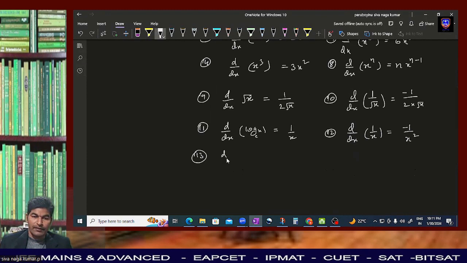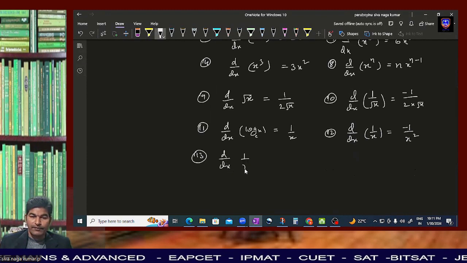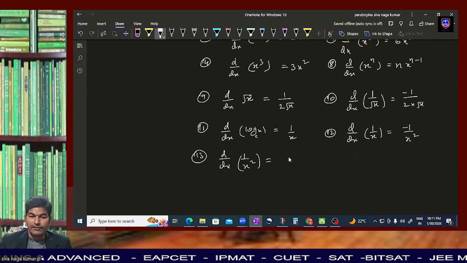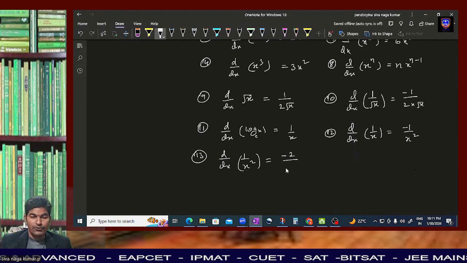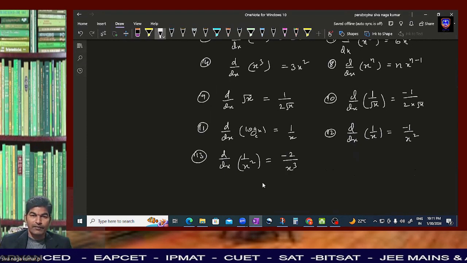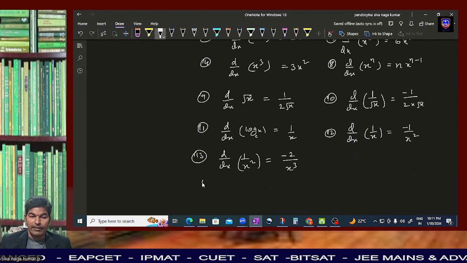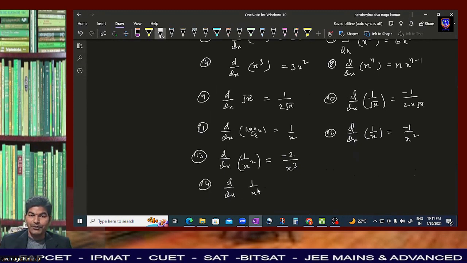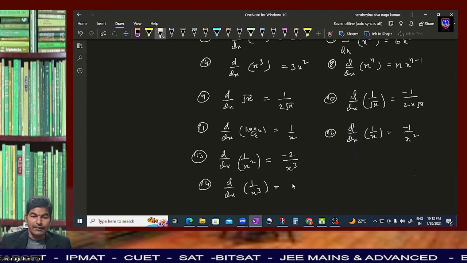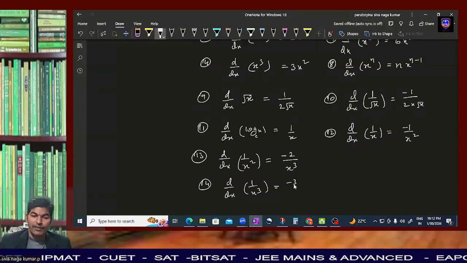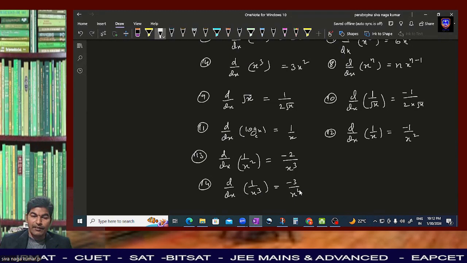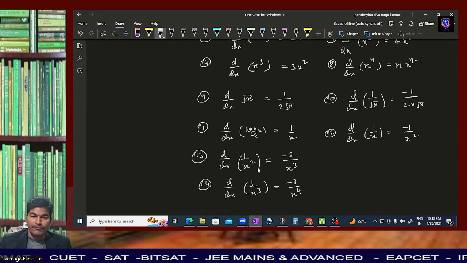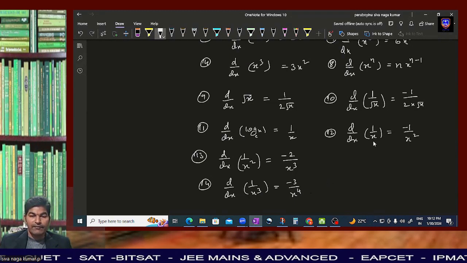Next, d by dx of 1 by x square is minus 2 by x cube. Here also, you have to observe some pattern. So 1 by x cube derivative is minus 3 by x power 4. What is 1 by x derivative?